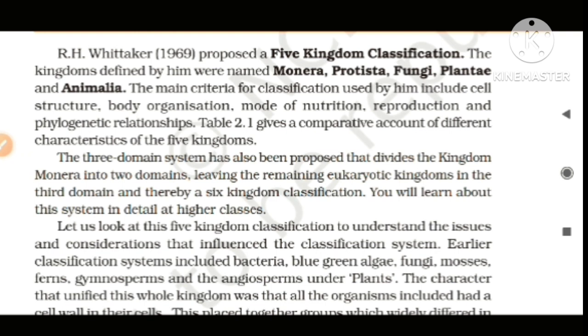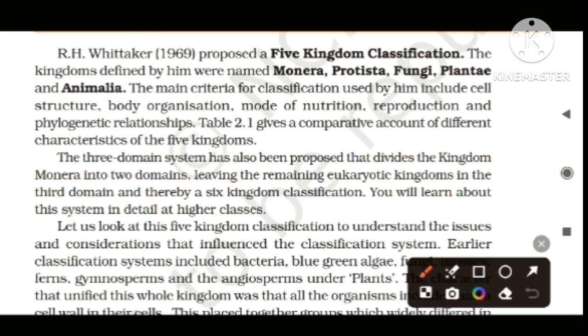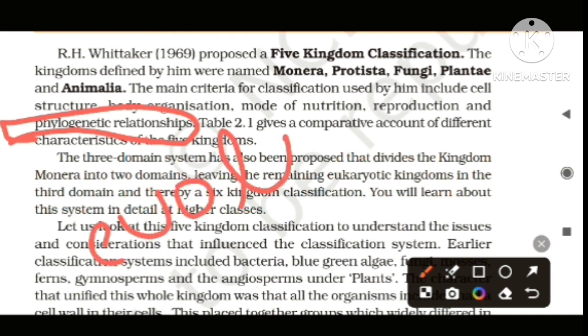The main criteria for classification used by the scheme include cell structure, body organization, mode of nutrition, reproduction, and phylogenetic relationship. Phylogenetic relationship is a new term. What is it? It is nothing but evolutionary relationship.